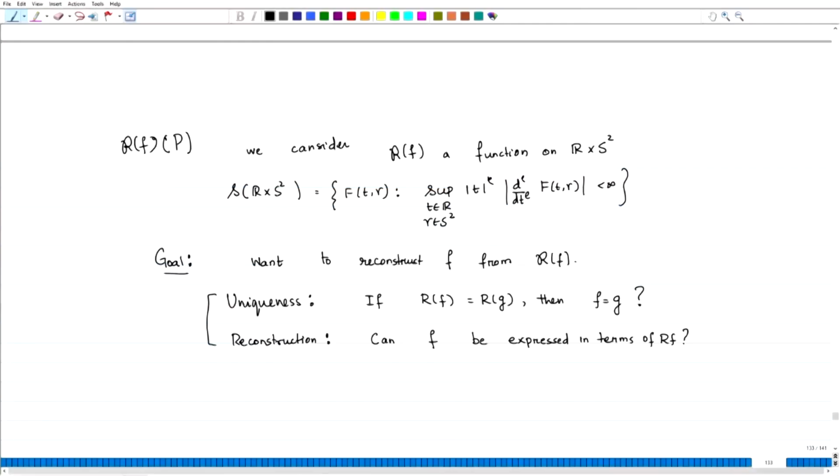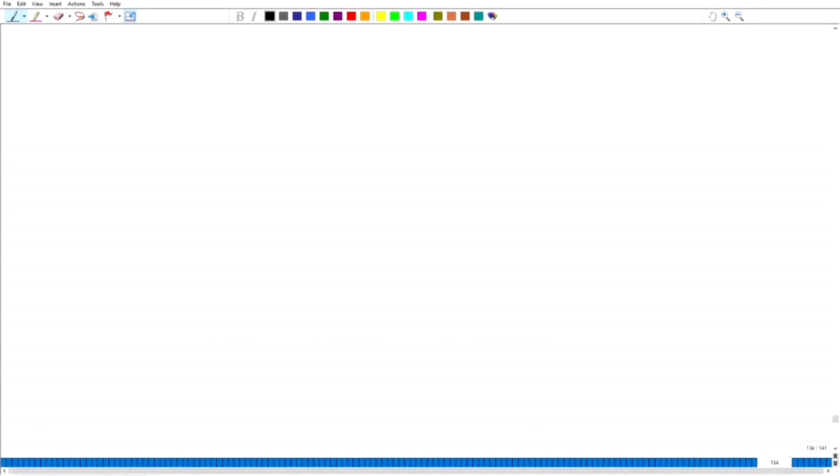Remember that Rf is a function on R cross S^2. For each fixed gamma in S^2, Rf(., gamma) is a function on R. So, we can talk of the Fourier transform of this function for each fixed gamma, provided that f is in the Schwarz space, so Rf is integrable with moderate decay.